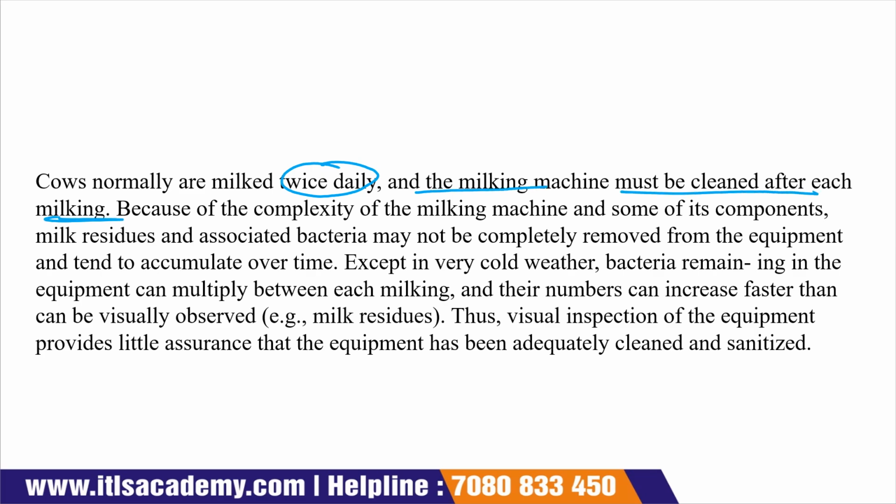If it is not clean, then it will contaminate the milk with microorganisms. Because of the complexity of the milking machine, some of its components, milk residue and associated bacteria may not be completely removed from the equipment and tend to accumulate over time, because these milking machines are complex.